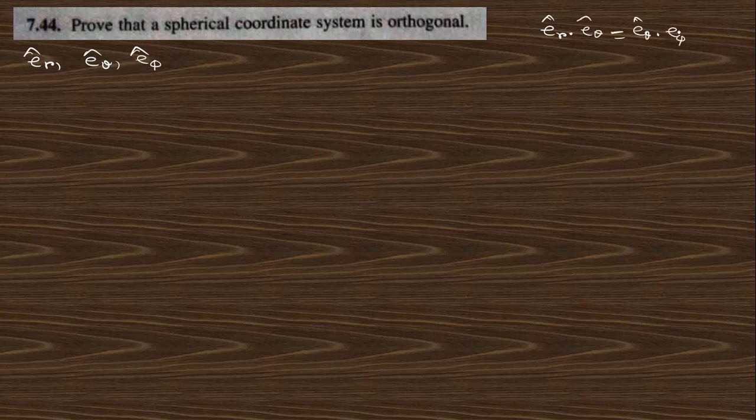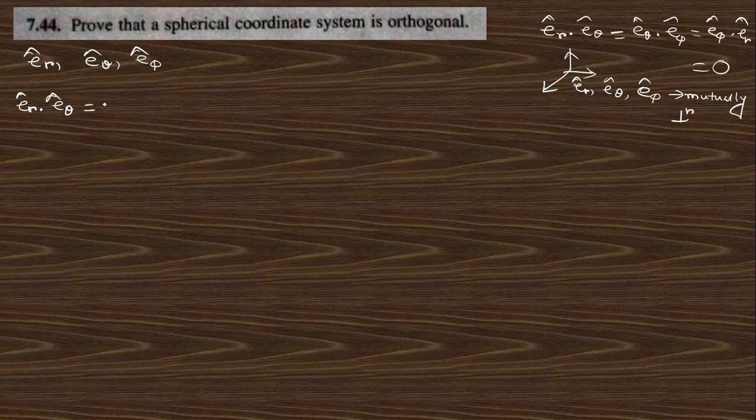They are mutually perpendicular if we can prove these three dot products are 0. Then E r cap, E theta cap, E phi cap are mutually perpendicular, and the system can be seen as orthogonal. So our target is to find the dot product, which will be 0.